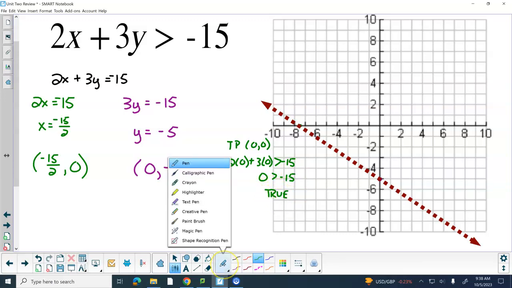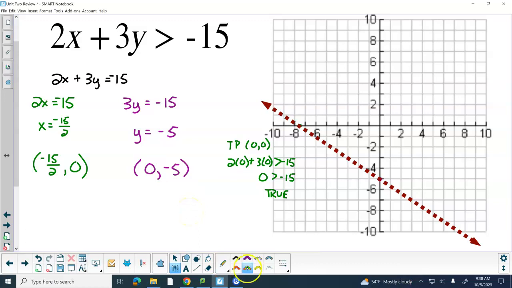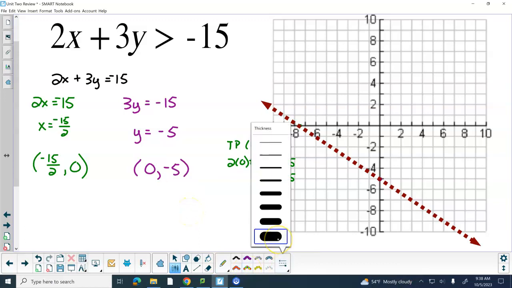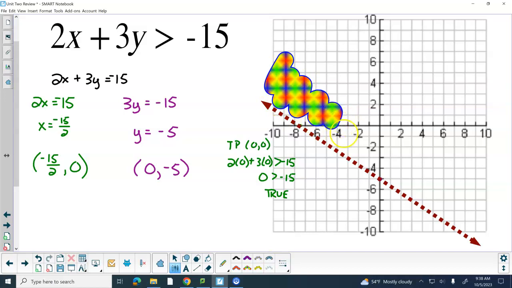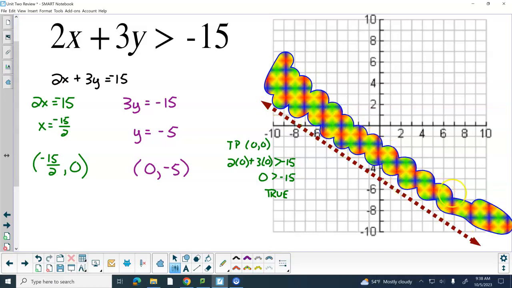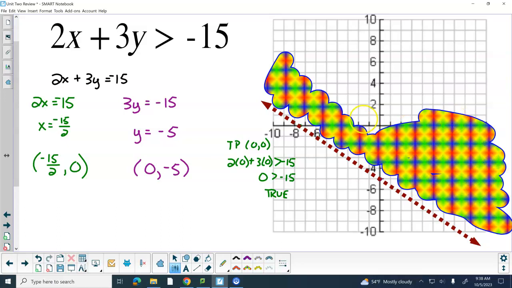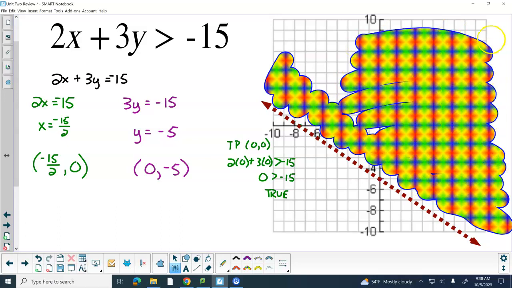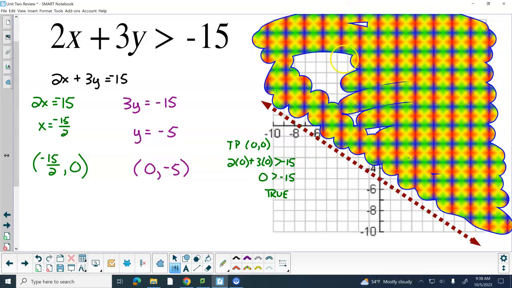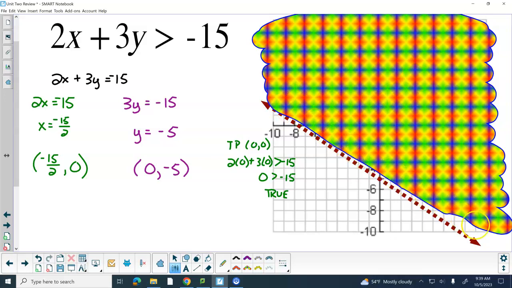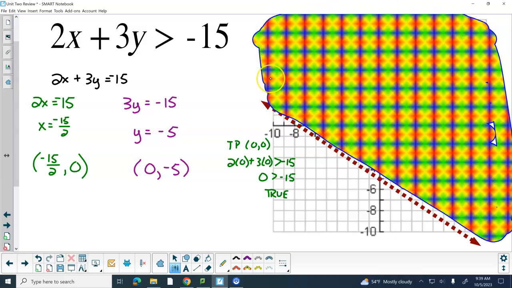So we would shade then that whole side. Yeah?